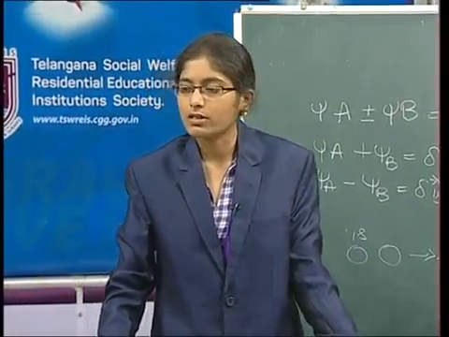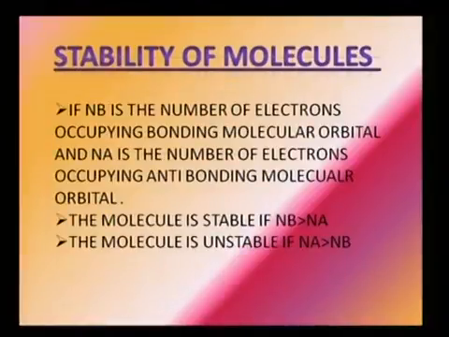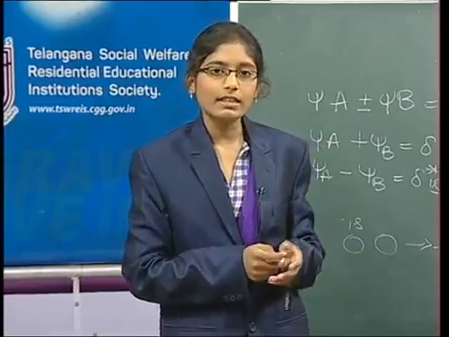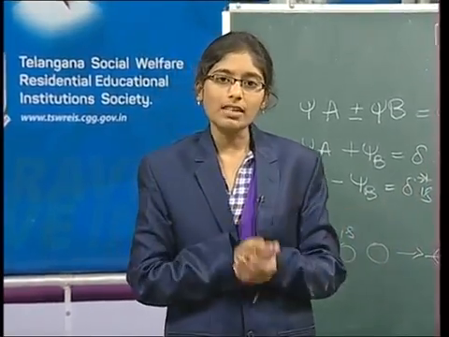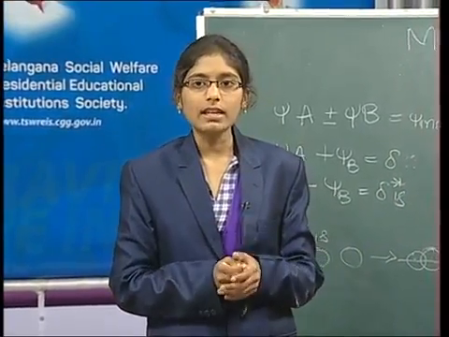Stability of molecules. If Nb is the number of electrons occupying bonding molecular orbitals and Na is the number of electrons occupying anti-bonding molecular orbitals, then if the molecule is stable, Nb is greater than Na. If the molecule is unstable, Na is greater than Nb.